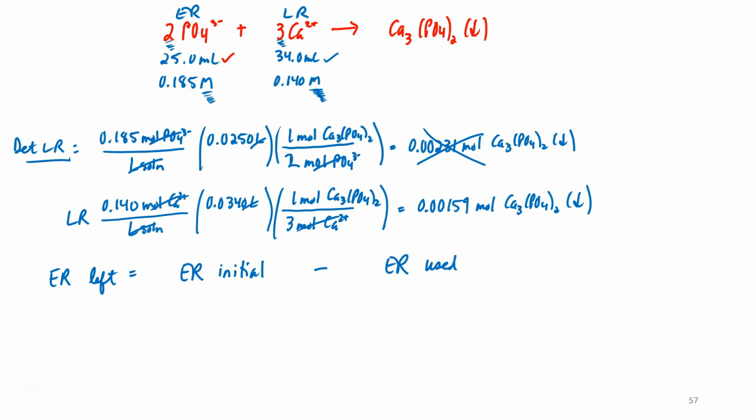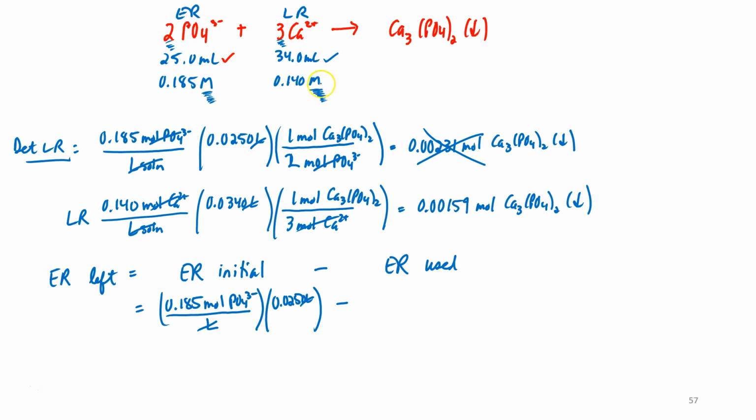So how do we get the moles of excess reactant, or phosphate, initially? Well, we know the concentration. That's 0.185 moles of phosphate for every liter. And we know the volume, that's 25 mils or 0.0250 liters. So this will give us the moles of phosphate initially, minus what got used. Well, that depends on the limiting reactant.